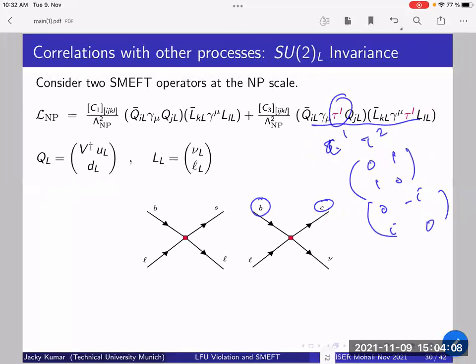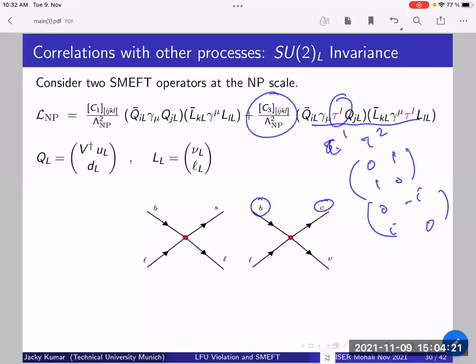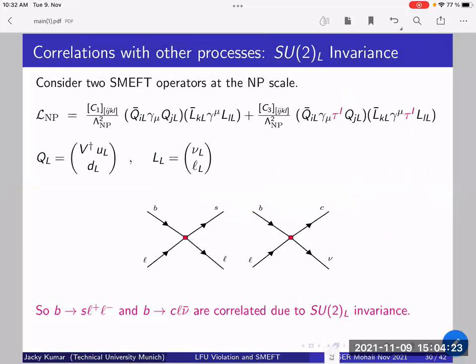Just because of SU2 invariance, these two transitions, b to s and b to c, are correlated through this C3 Wilson coefficient. So due to SU2 invariance, b to s l l, which is a charged neutral current mode, and b to c, which is a charged current mode, are correlated.